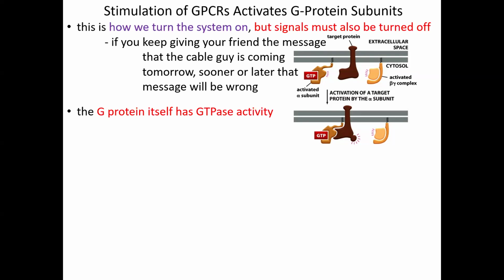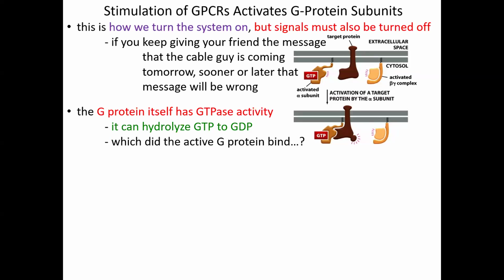So to accomplish this at the cellular level, G proteins have themselves enzymatic activity. More specifically, they have GTPase activity. Well, what does GTPase activity mean? It means that G proteins can hydrolyze GTP to create GDP. And as we said before, once G proteins do that, they hydrolyze the GTP they're holding and they create GDP.